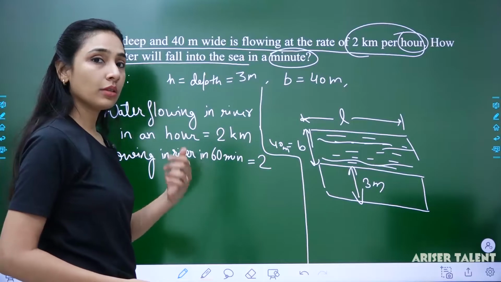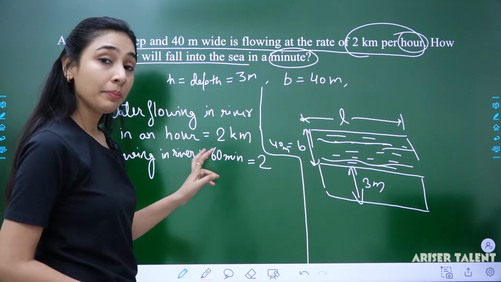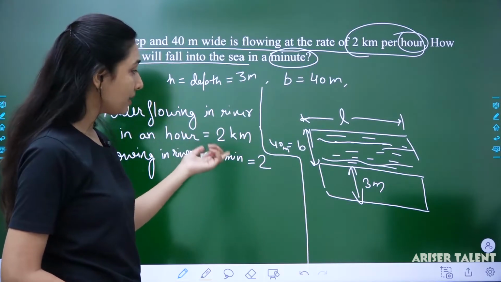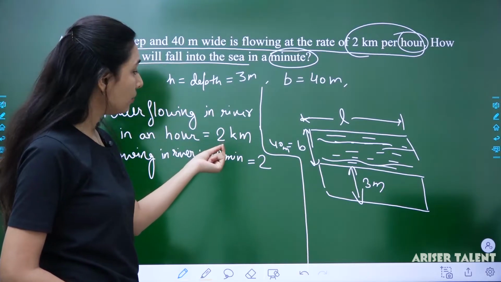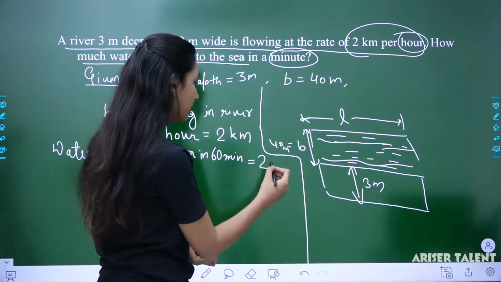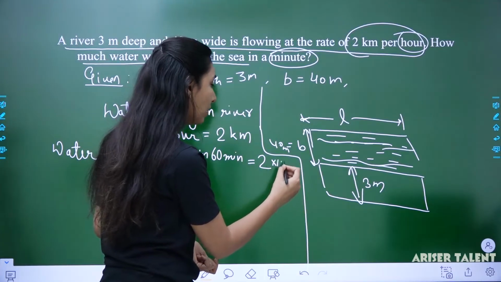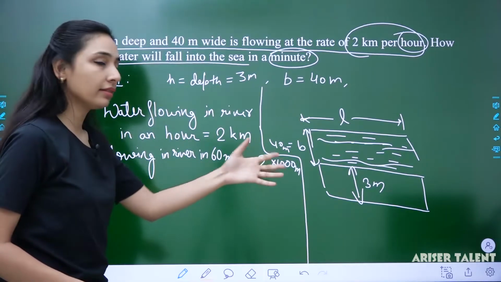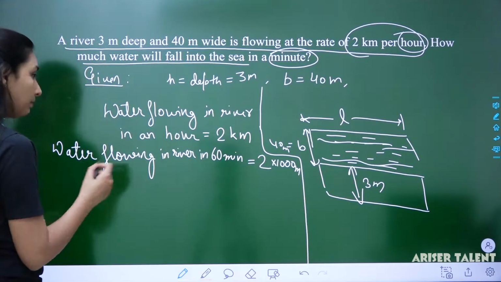Now you use kilometer per hour and meter per minute. So you'll have this multiplied by 1000 meters. This is meter per hour, meter per minute.